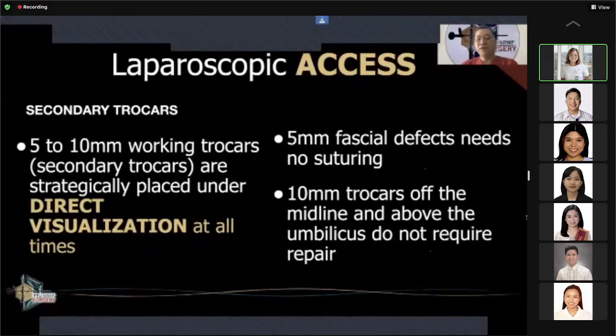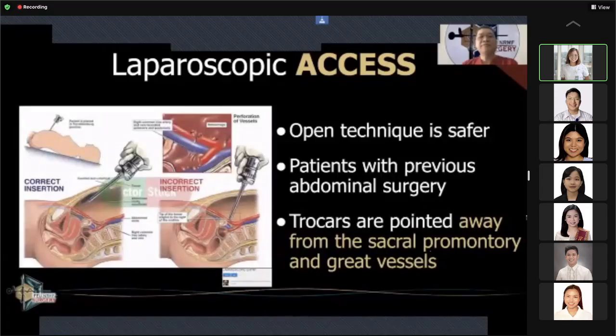So you only repair 10 millimeter trocars that are located through the umbilicus, along the midline, or below the umbilicus. So remember that. The open technique is safer, so we use the open technique in all our surgical access. As you can see here, if you happen to puncture the vessels or the bowels, it can lead to devastating injuries.